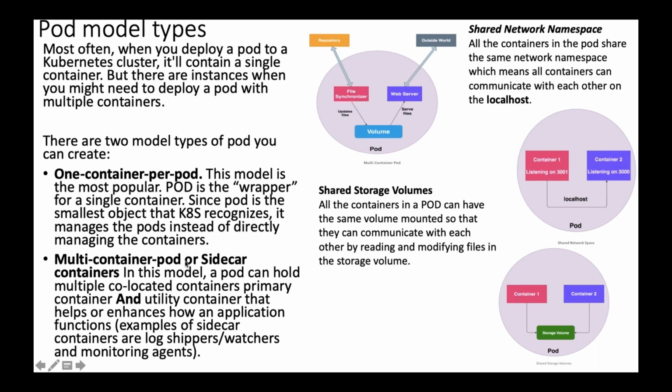Multi-container pod or sidecar containers. In this model, the pod will have more than one container. A pod can hold multiple co-located containers. Co-located means if that pod has two containers, wherever the pod is scheduled, those two containers will run together.